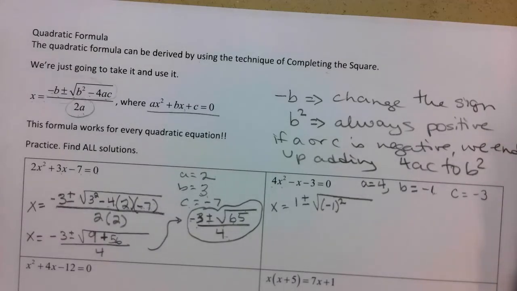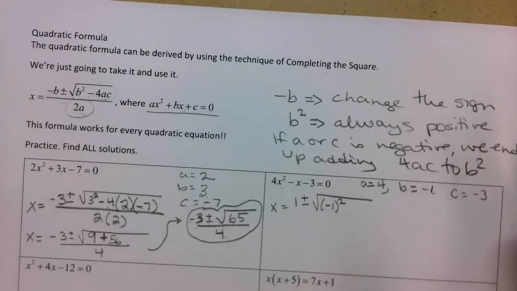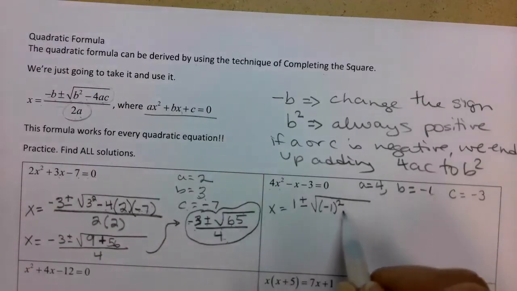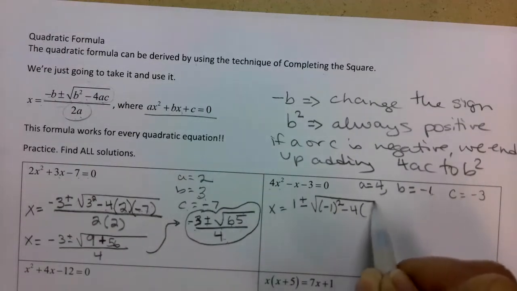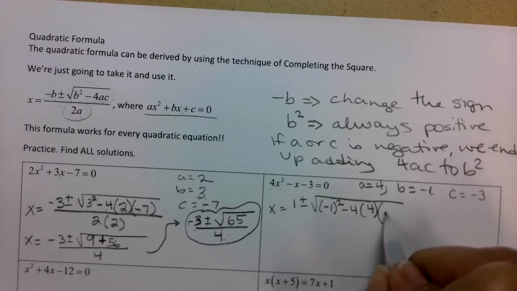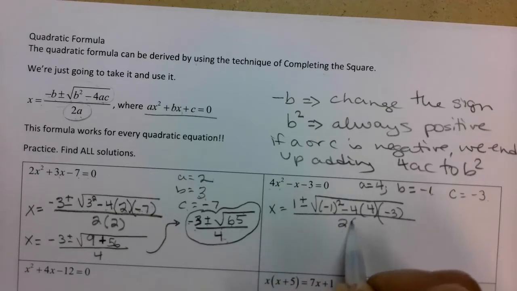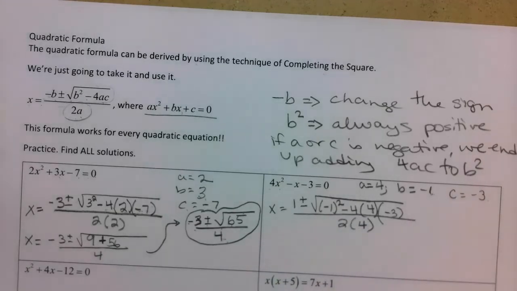Or probably what I would suggest and what I'm going to start doing after this one, I'm just going to write down my b squared there. I'm not going to put it in the parentheses with the squared. I'm just going to do that mentally and then write it down. Okay. So b squared minus 4 times a, which is 4, times c, which is negative 3, all divided by 2 times a. So 2 times 4.